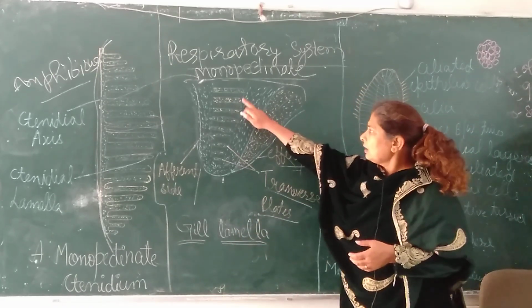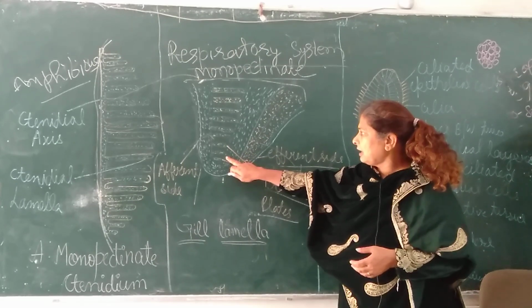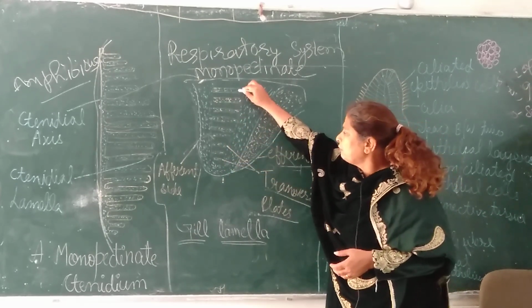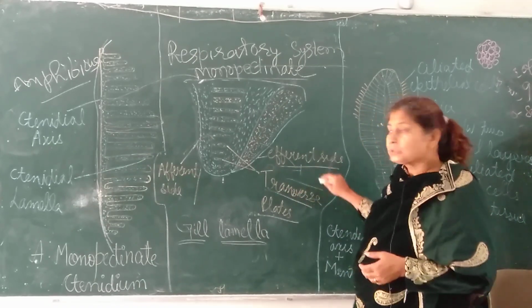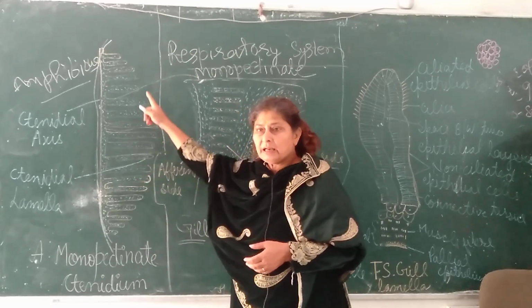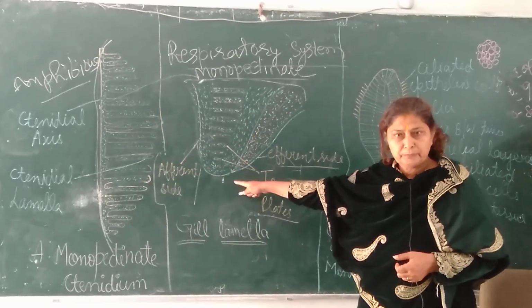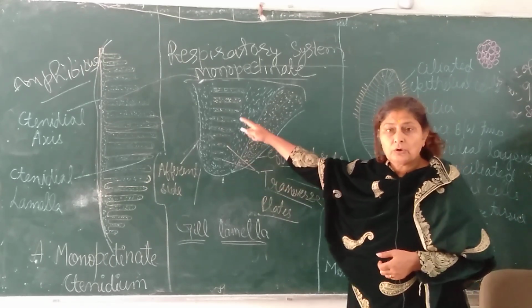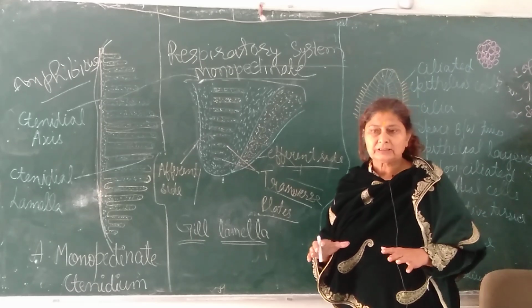The blood vessels are huge in number in these transfer plates. There are a number of lamellae, and each lamella has a number of transfer plates, so there is a huge number of blood vessels.